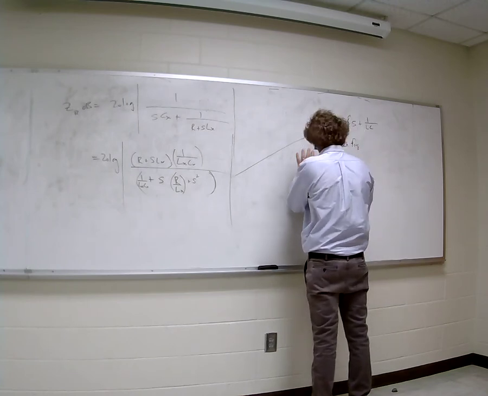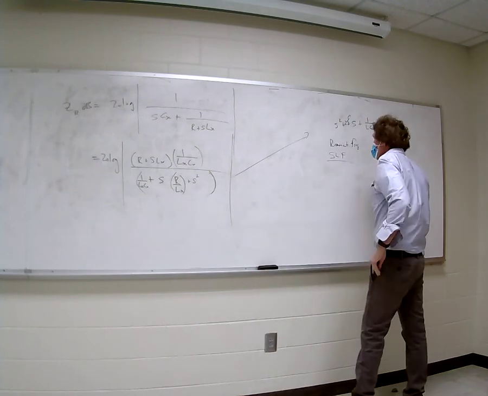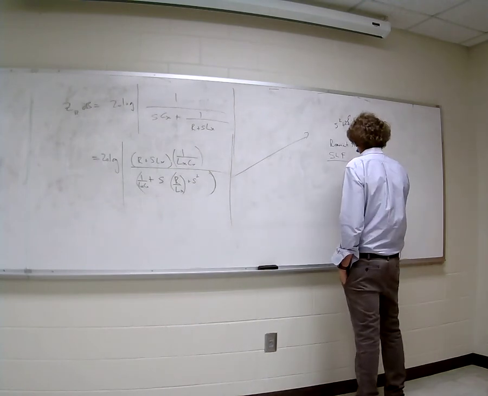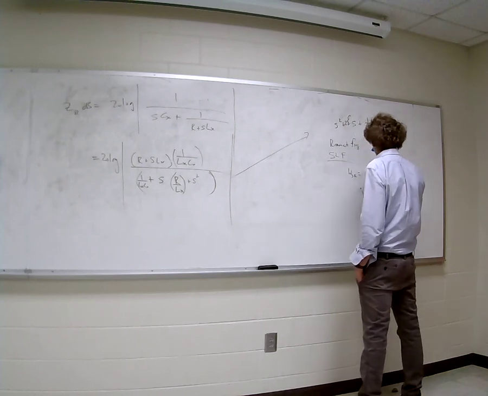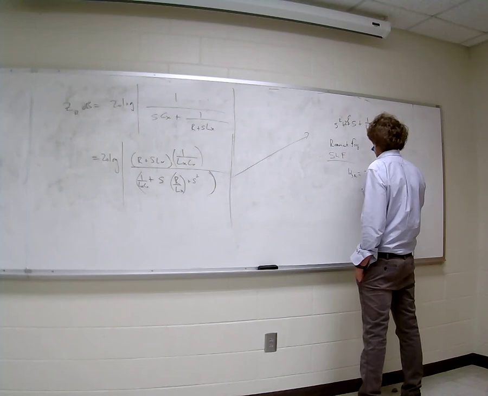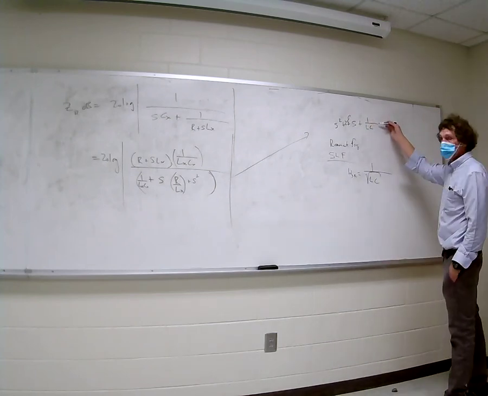Really what you get is called a self-resonant frequency. If you're talking about omega self-resonance, that would be equal to 1 over the square root of LC. This is usually omega naught squared, if you remember.